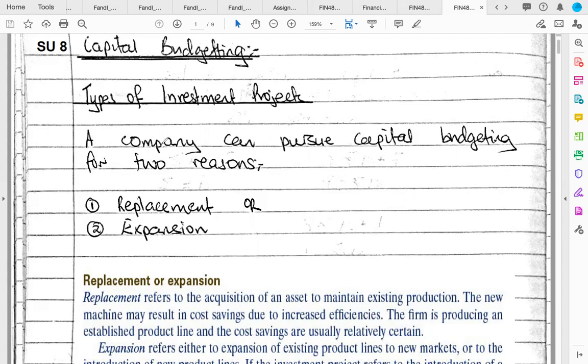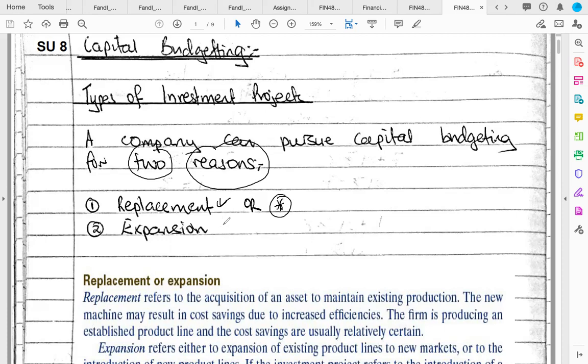Firstly, you need to know that there are 2 main reasons why a company can pursue a capital project. You might be asked to identify the reason why a company is pursuing a capital project. The first reason is the replacement of an existing capital project.